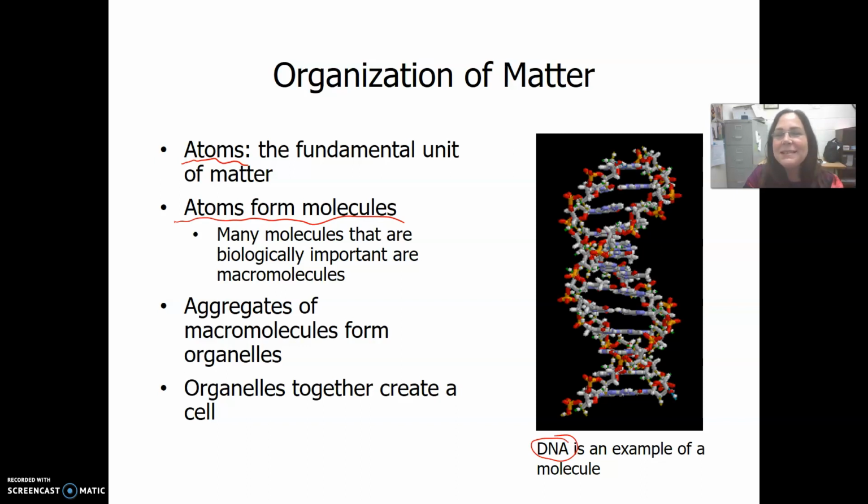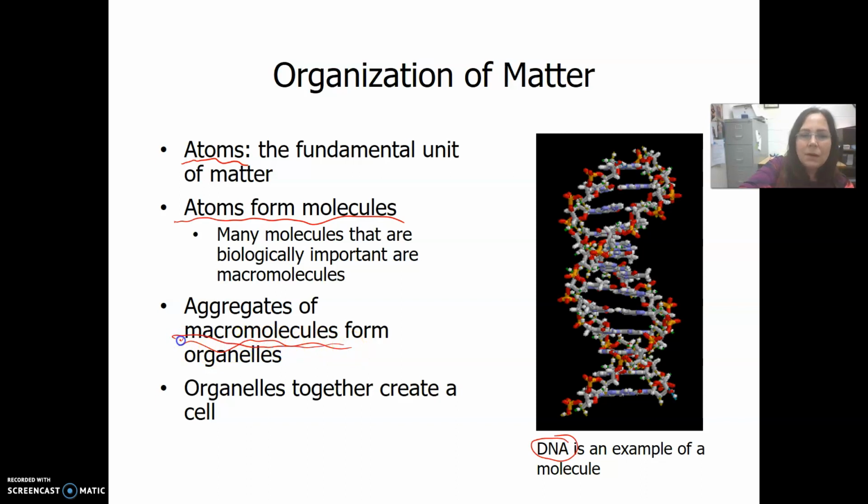But anyway, this is a model of DNA, which is a very large molecule composed of many smaller atoms, atoms of carbon and hydrogen and oxygen and nitrogen and phosphorus. DNA is such a large molecule, we call it a macromolecule.